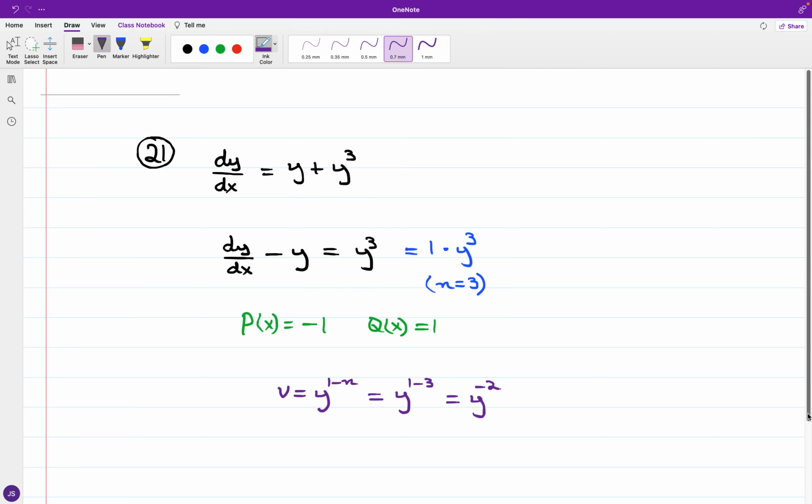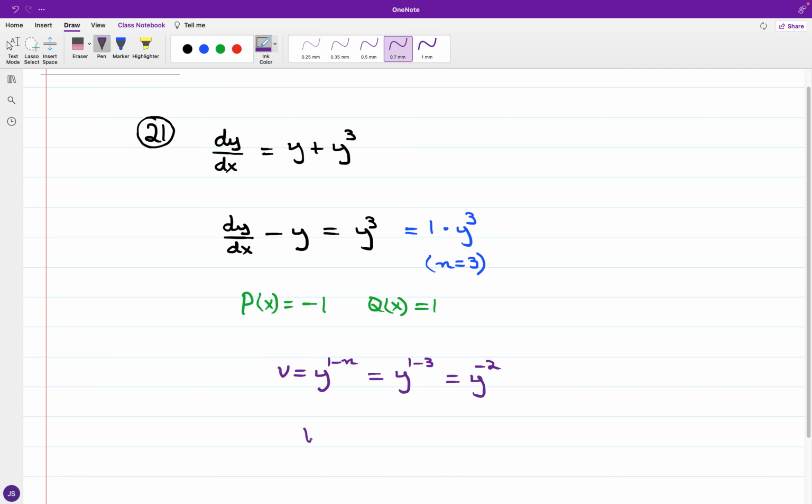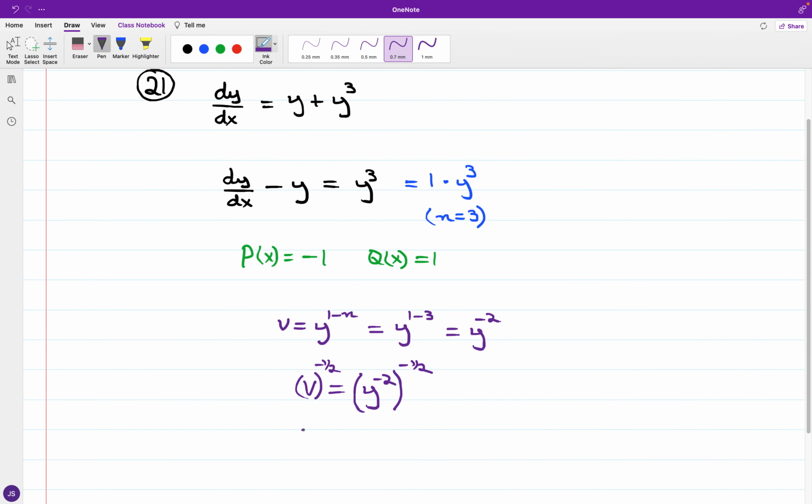If v is equal to y to the -2, I can take both sides and raise to the -1/2 degree. So we have v to the -1/2 is equal to y.